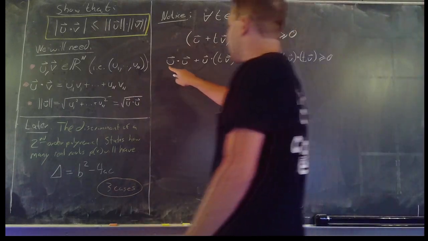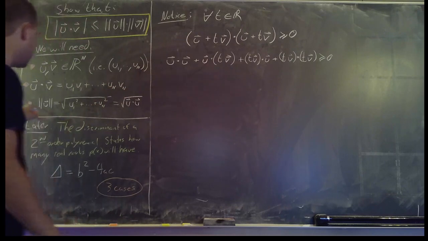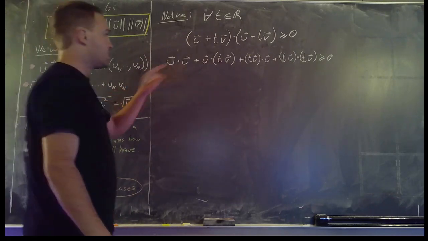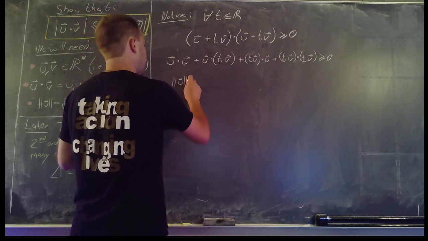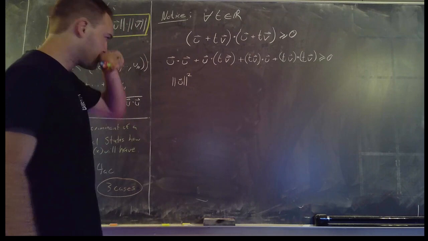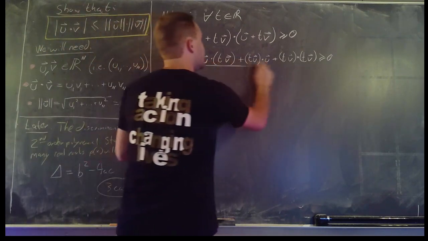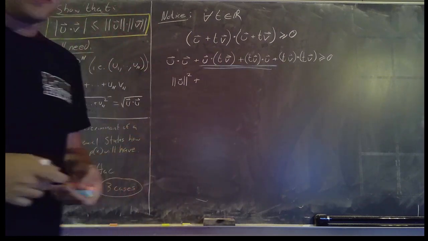Now, u dotted with u, if we had a square root symbol around it, would simply be the length of u. So u dotted with u with no square root symbol is the length of u squared. In the middle here, I've got these two terms, u dotted with tv and tv dotted with u.